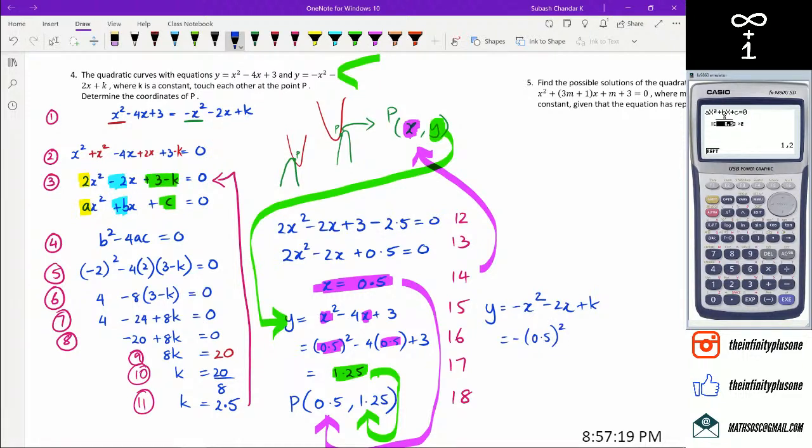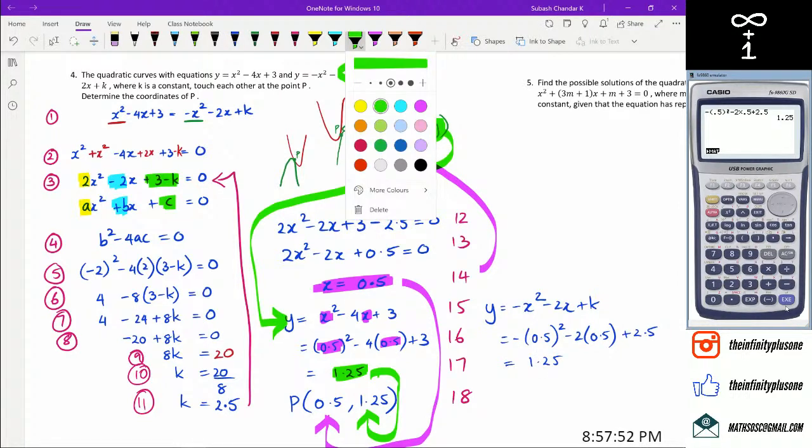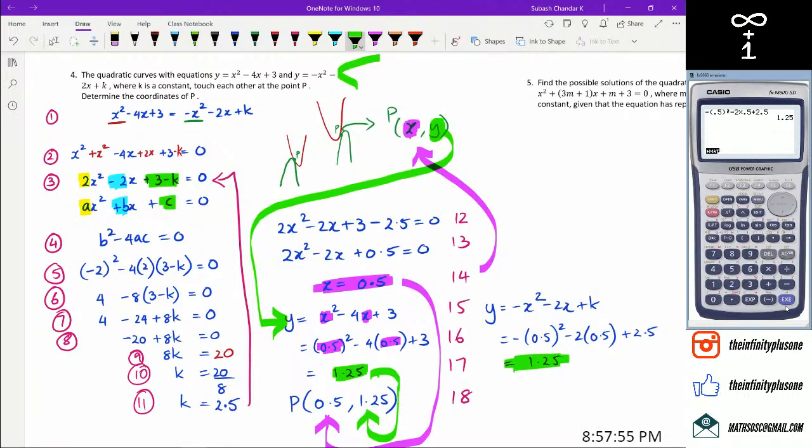So negative 0.5 squared minus 2 times 0.5 plus 2.5, and that also gives me the same answer, which is 1.25. So it doesn't matter which equation you use, you are still going to get the same y value.